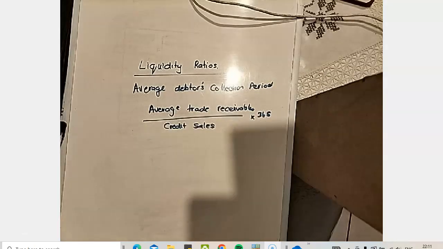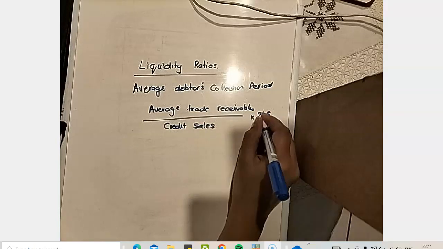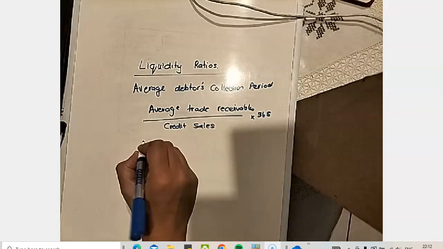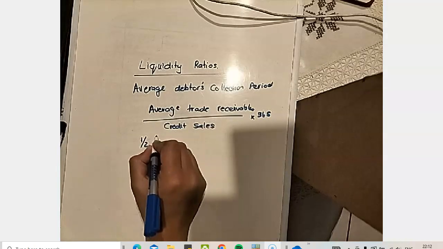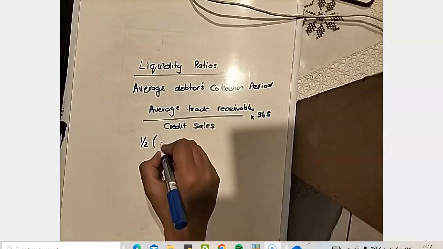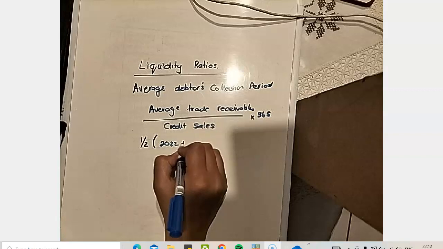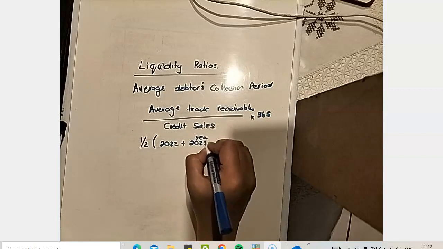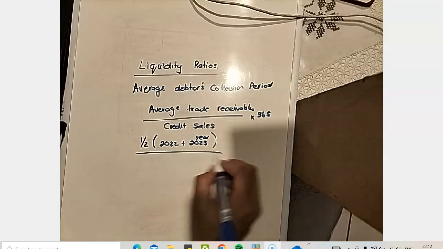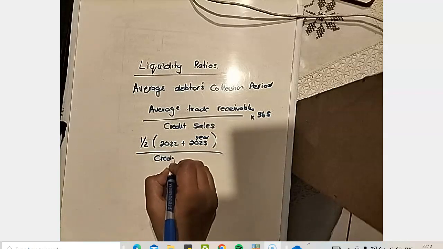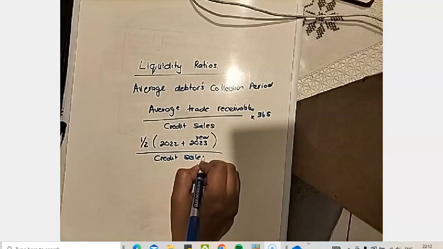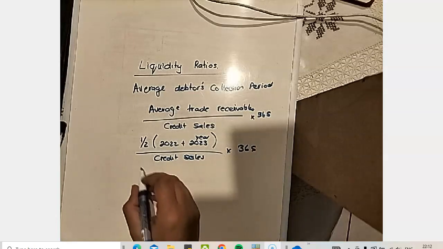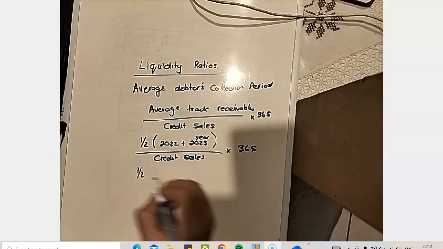Okay, for this example, you use 365 days. So average trade receivables, you will have a half bracket. Then you're going to have 2022 plus the 2023 year over your credit sales times 365.